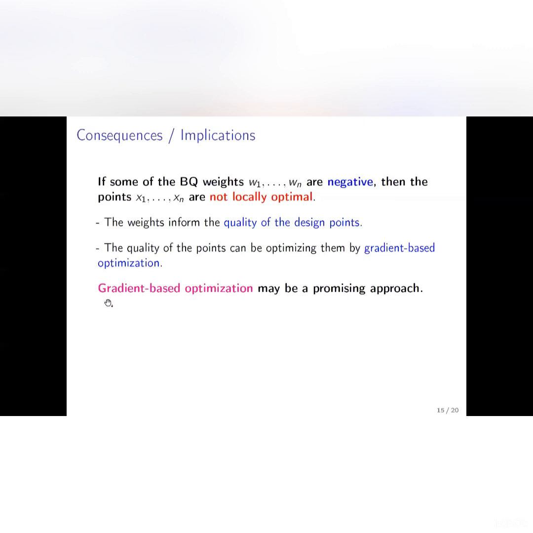Another implication related to this one is that gradient-based optimization would be a promising approach for constructing the design points, because from the previous slide we know that in that special case, at least theoretically, if you try to find points on which gradients vanish, then you will get positive weights.